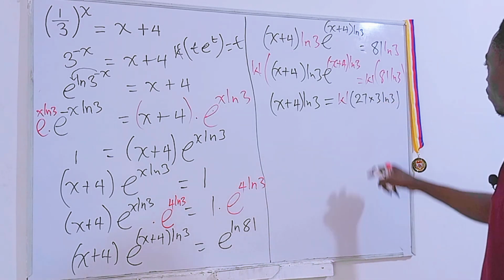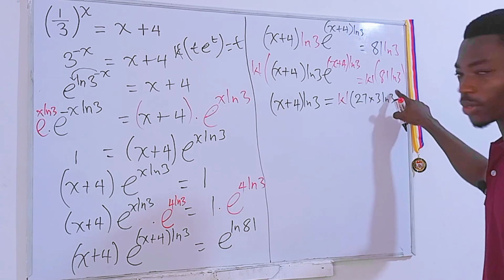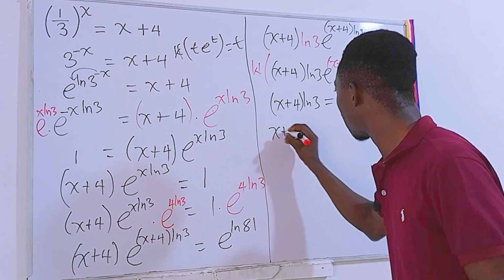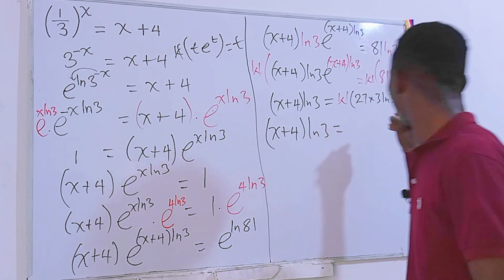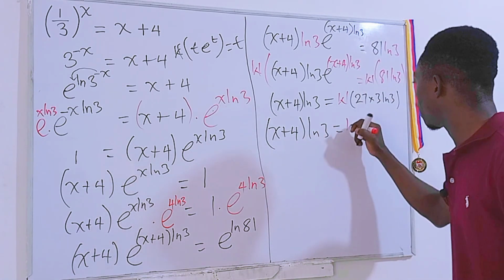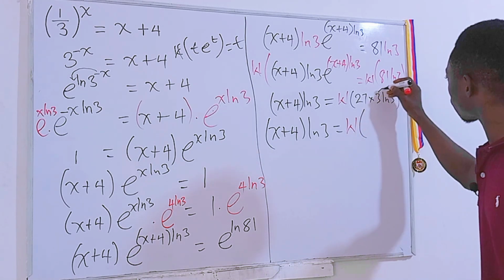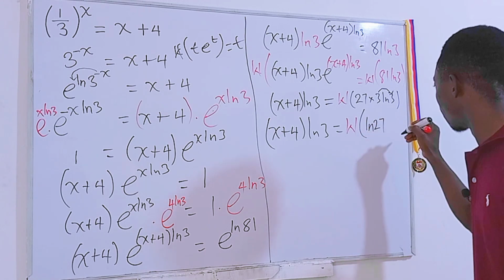Now, I'm going to maintain this right here and then move this to the power right here because we are dealing with logarithm. So, as always, we will keep the left hand side, x plus 4 ln of 3 is equal to, I'll keep the Lambert W function. Then move this to the power here so that we get ln of 27.